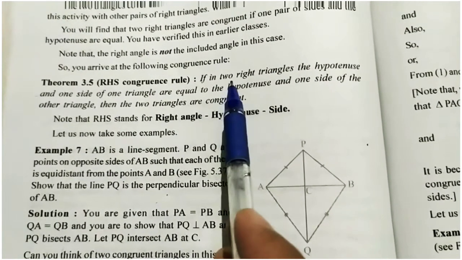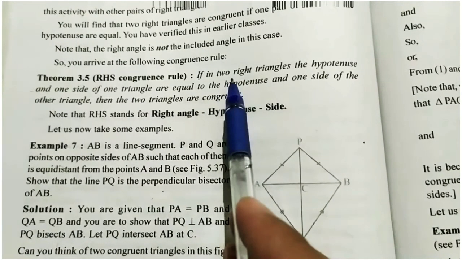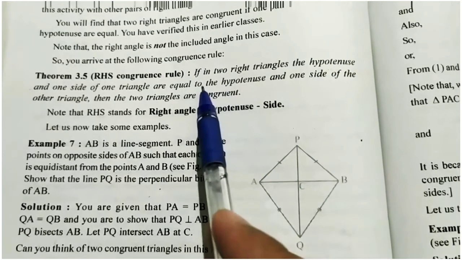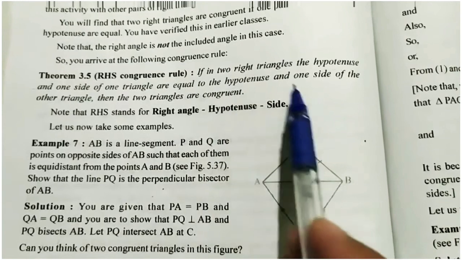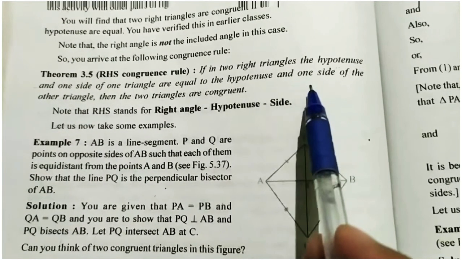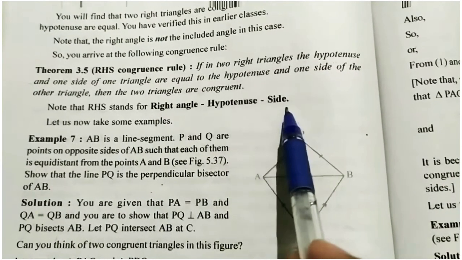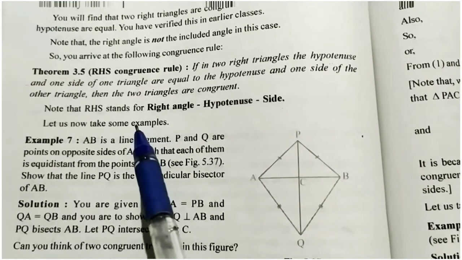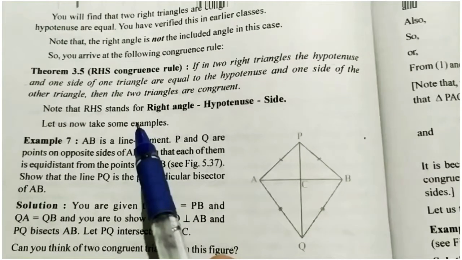Obviously in both right triangles one angle will be 90 degrees, so two right angles, and hypotenuse of one triangle equal to the hypotenuse of the other triangle. Similarly, one side of one triangle is equal to the other side of the other triangle. Then we can say that rule as RHS congruence rule. On these two theorems, now we are going to solve the exercise.